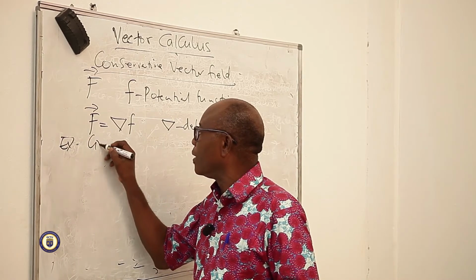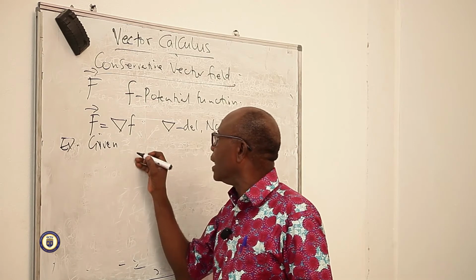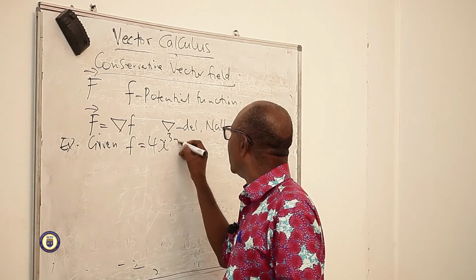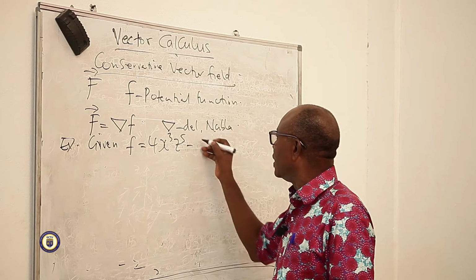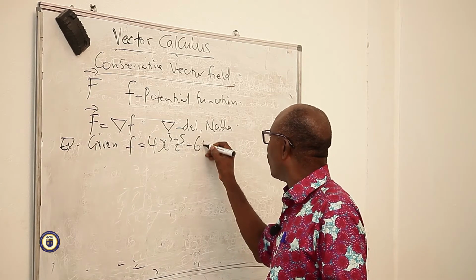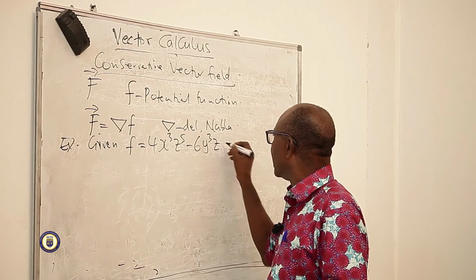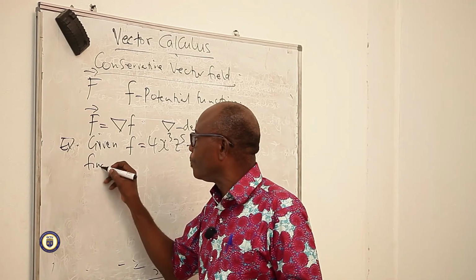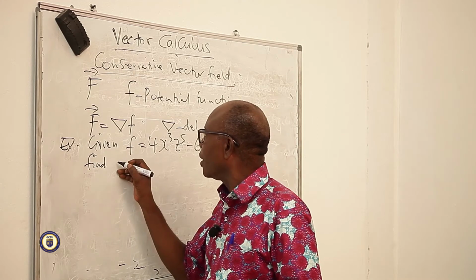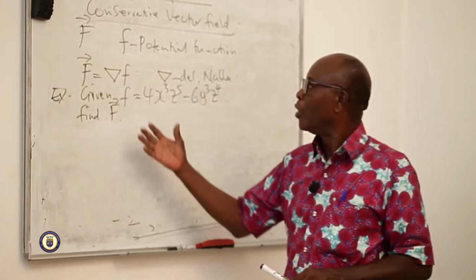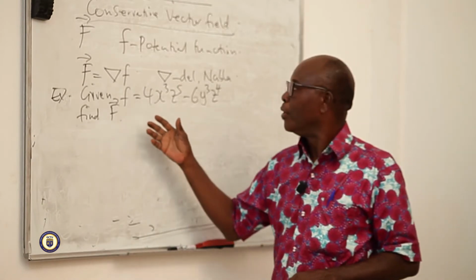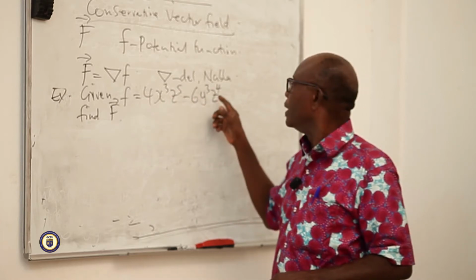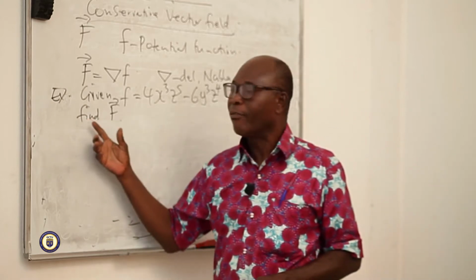Given f equal to 4x cubed z to the power 5 minus 6y cubed z to the power 4, find the conservative vector field F. So given a potential function f, which is 4x cubed z to the power 5 minus 6y cubed z to the power 4, we are asked to find the conservative vector field F.